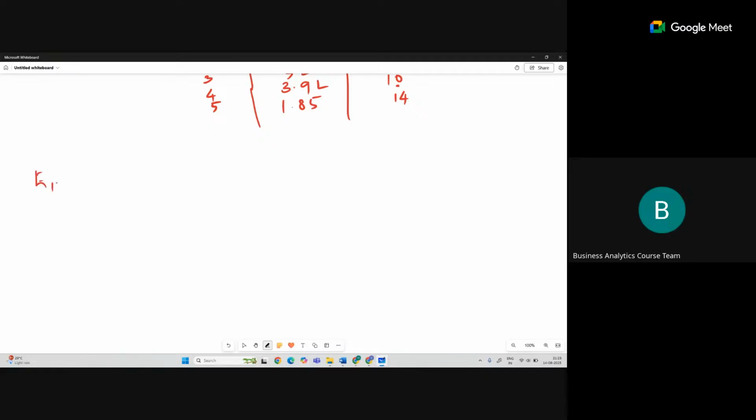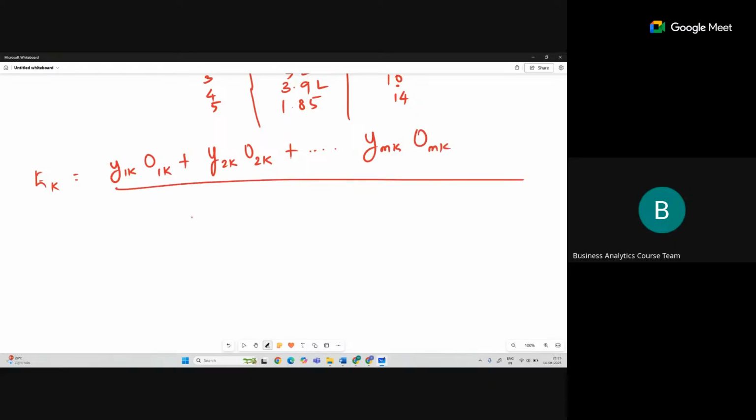So EK is nothing but Y1K O1K plus Y2K O2K plus Y3K O3K and so on, all the way till YMK OMK, divided by X1K I1K plus X2K I2K plus all the way till XNK INK.